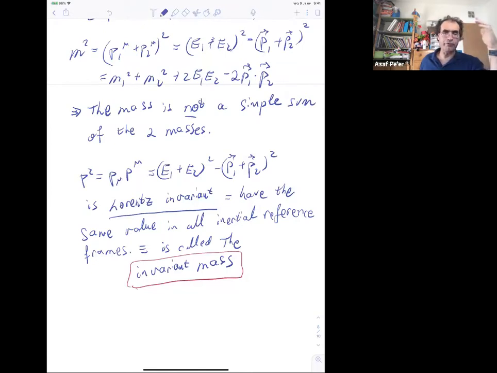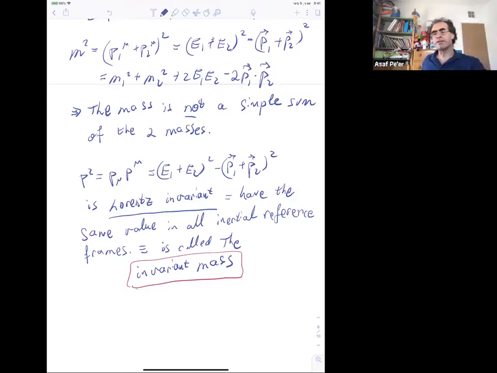So if we happen to know the mass of the parent particle, the particle that decays, and we are now measuring the outcome of some experiment, and we add up the masses and we end up with the same invariant mass, then we can possibly argue that these particles came out of a decay of the particle whose mass is known. Alternatively, we may want to find a new particle whose mass is unknown.